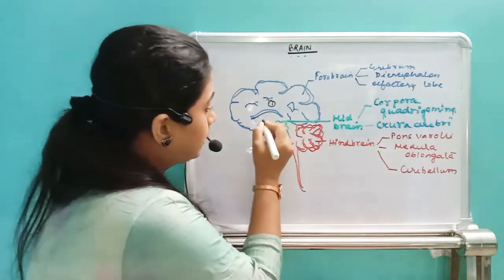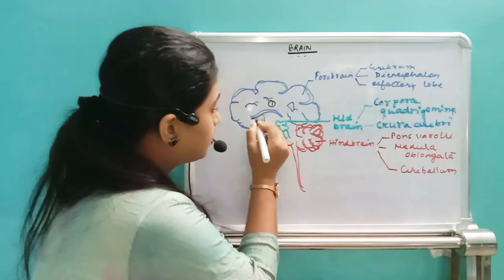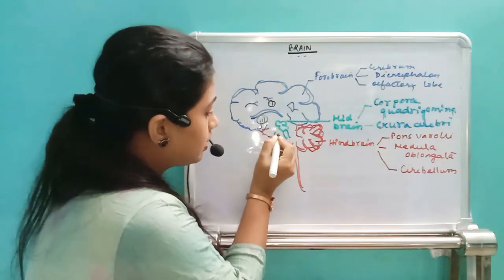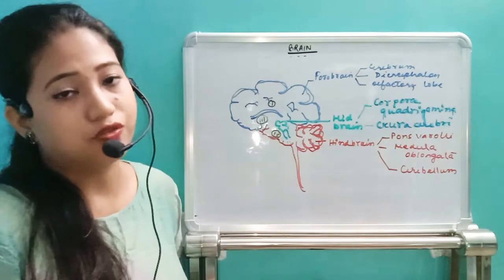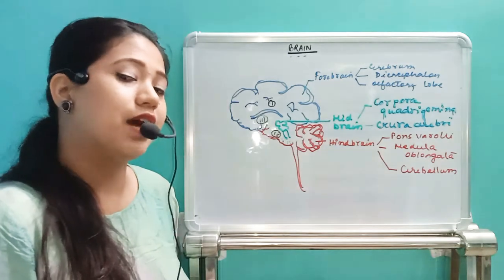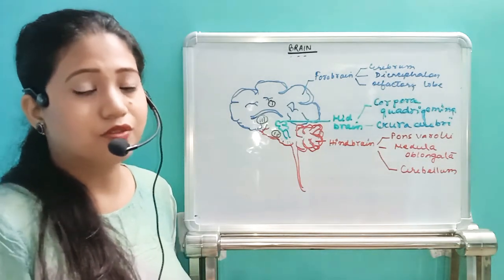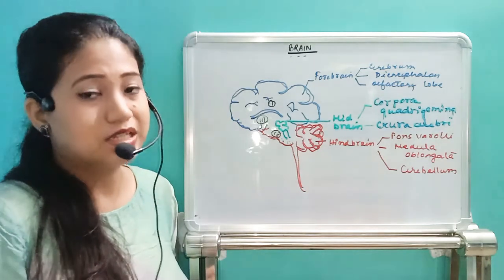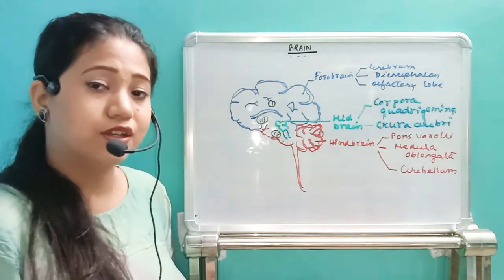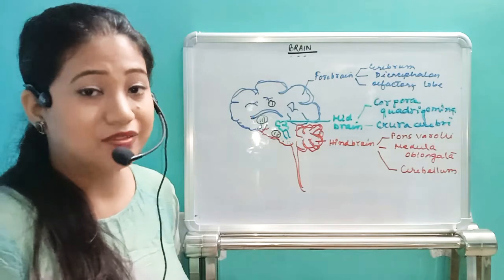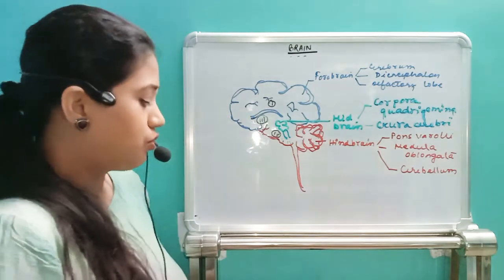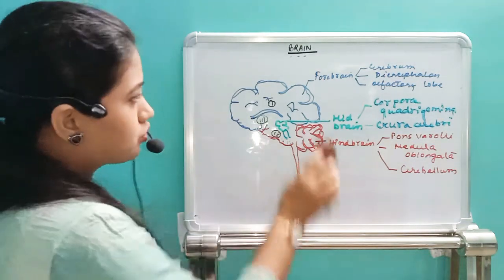In the diencephalon, we have the third ventricle, and in the pons veruli, we have the fourth ventricle. So how many ventricles we have? Four. Two cerebral hemispheres have two ventricles, diencephalon has another ventricle, and pons veruli has the fourth ventricle. So these are the parts of the brain.